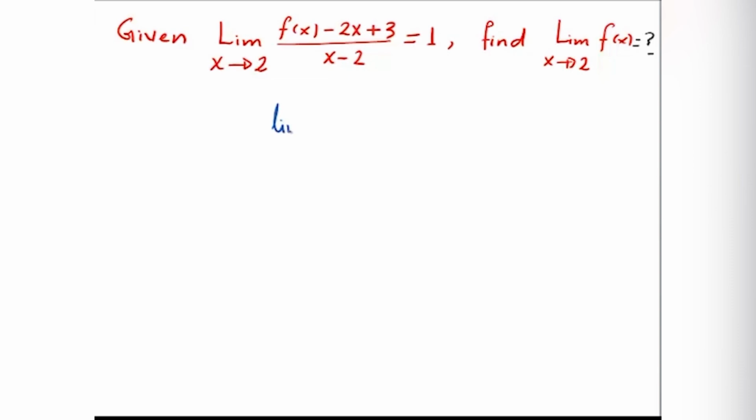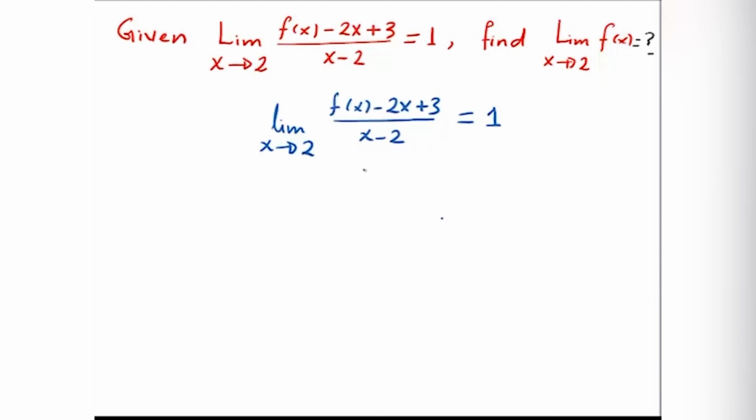We are given that this limit of f of x minus 2x plus 3 divided by x minus 2 as x goes to 2 equals 1. And I would like to find the limit of f of x.